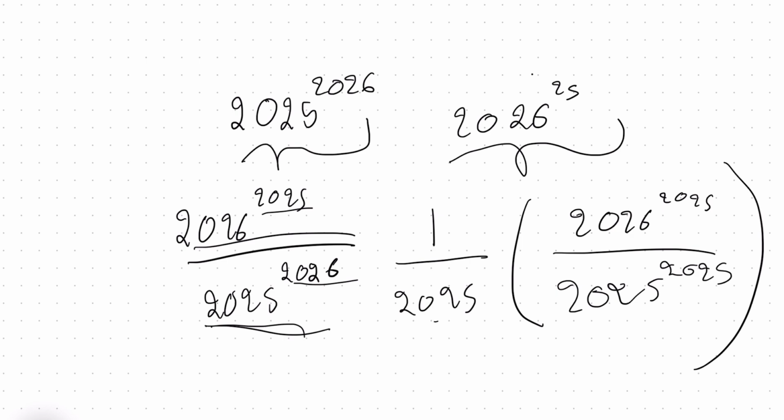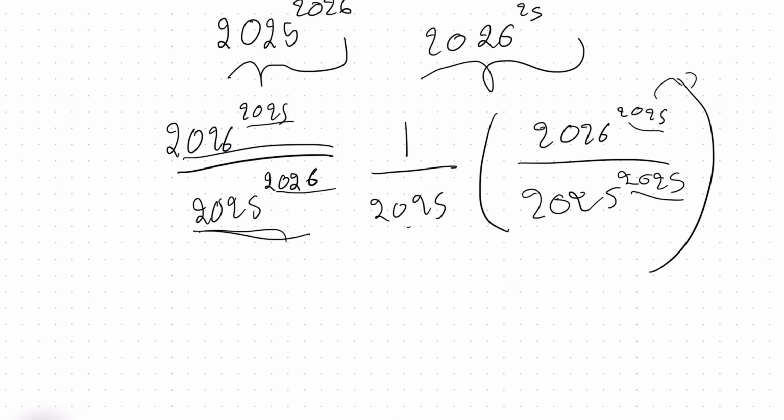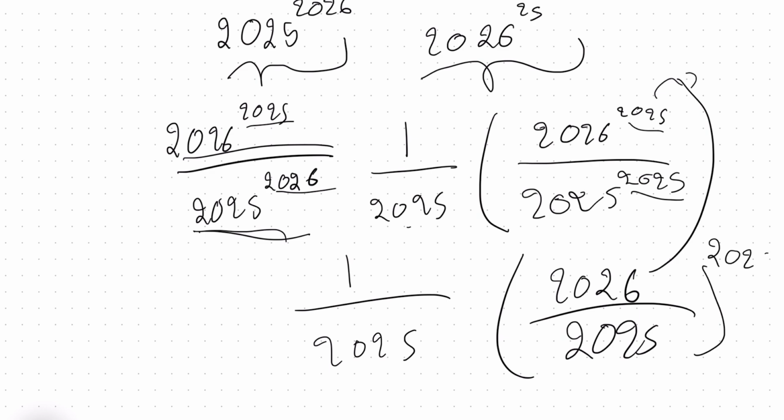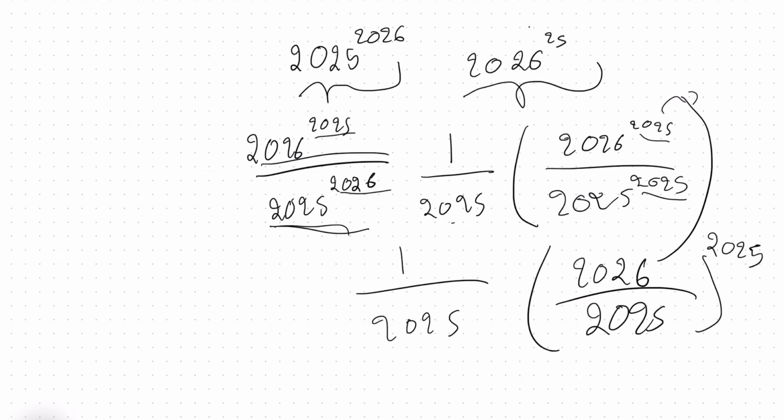In this fraction, the numerator and the denominator have the same exponent, so I can take the exponent out of the fraction, and I end up with 1 over 2025 times 2026 over 2025, to the power of 2025.